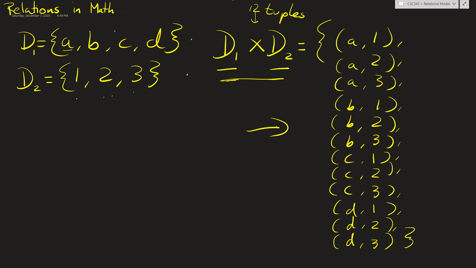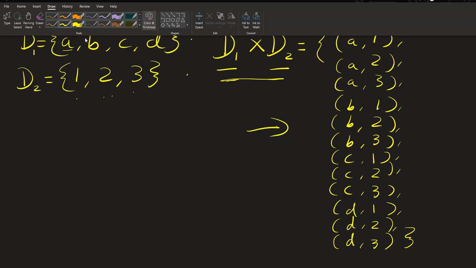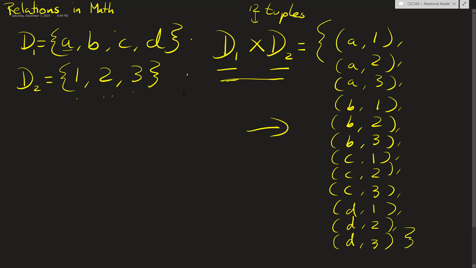Let me change the color here. So this right here is called the Cartesian product.